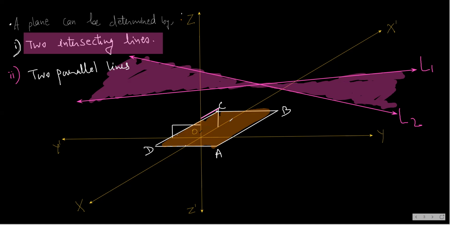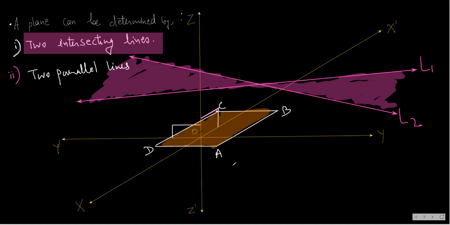Just hold them parallel to each other, and then you will find that there is one imaginary plane which could be drawn through those two parallel pencils, the plane which will contain both the pencils. That is, two parallel lines can also define a plane.